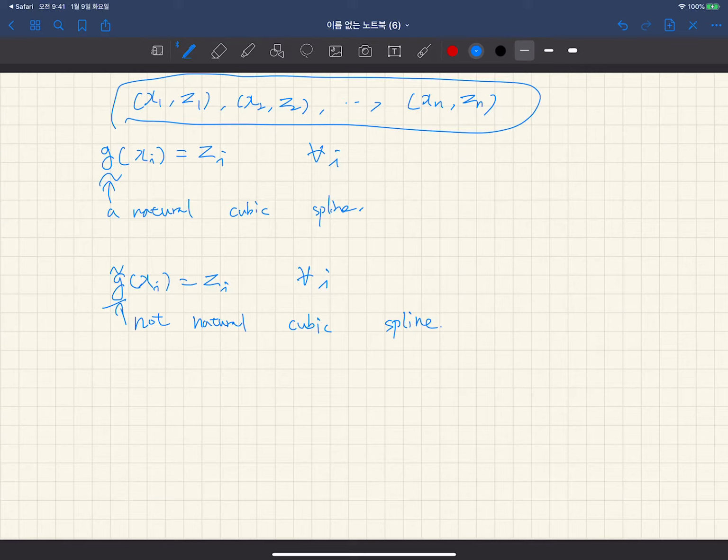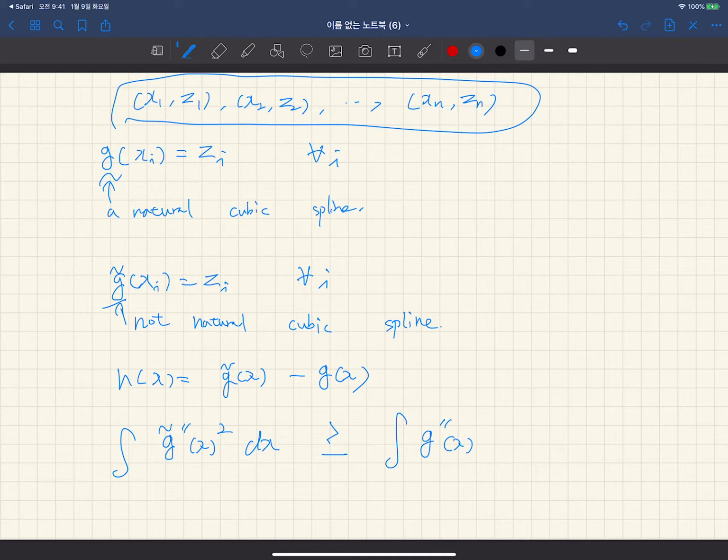Let's say h of x is equal to g tilde x minus g of x. Now I will show that the integral of g tilde second derivative squared dx is greater than or equal to the integral of g second derivative squared dx.